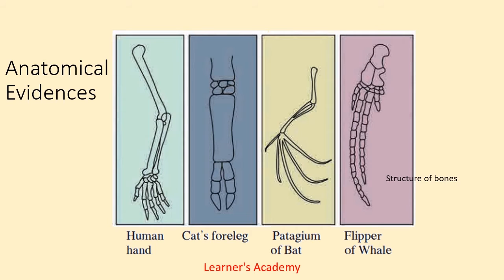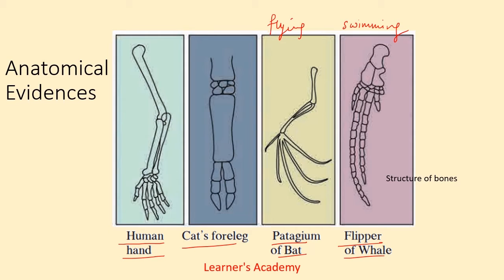When you observe the human hand, cat's foreleg, patagium of bat or flippers of whale, you won't see any superficial similarity in them. Also, they have different uses in different animals, like the patagium of bat is used for flying, whereas the flippers of whale are used for swimming, and the human hand is used for doing many activities.